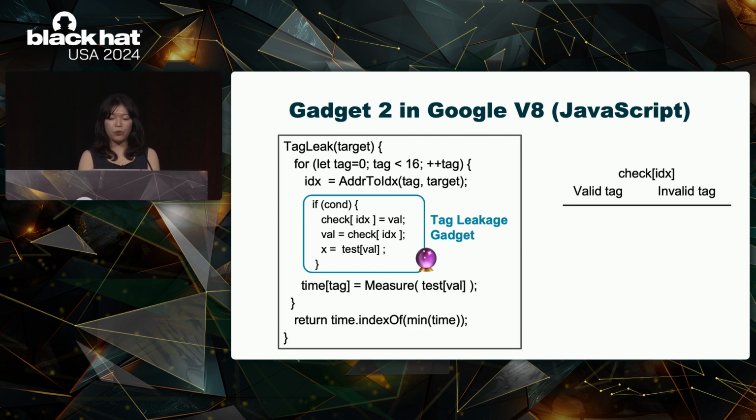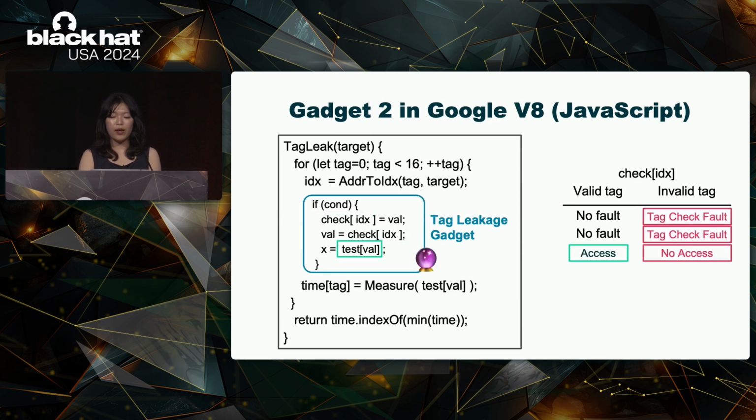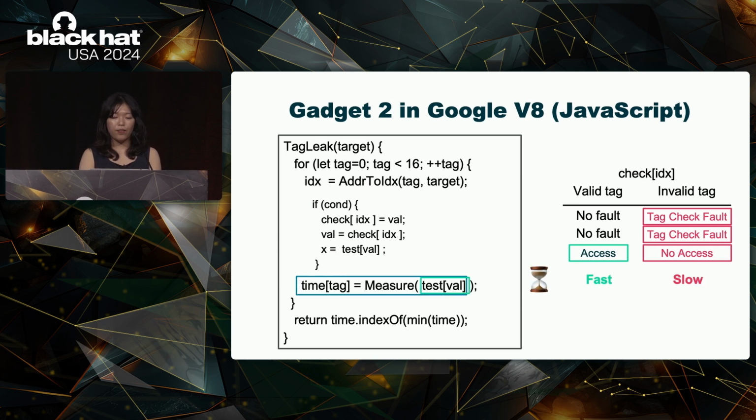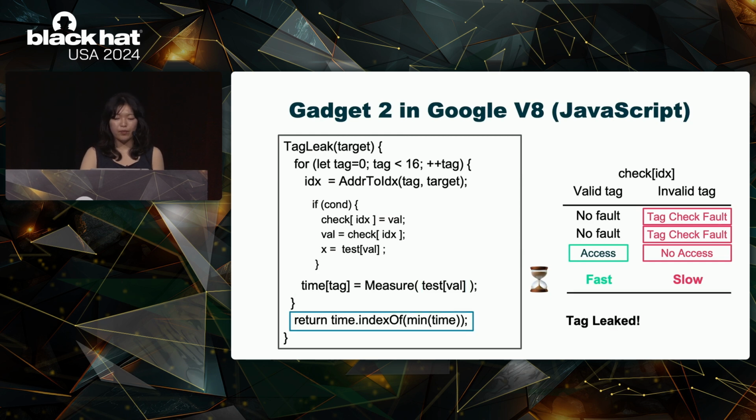Here, depending on whether the tag is valid or invalid, the test array will be either accessed or not. Then the access latency of the test array is measured, and the function returns the tag with the minimum access latency, which means it leaks the tag value.